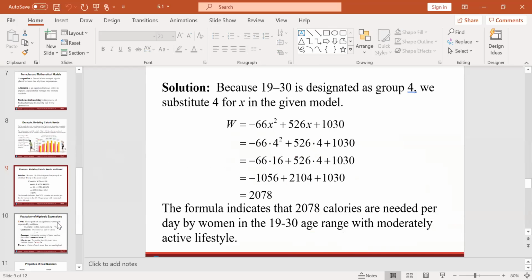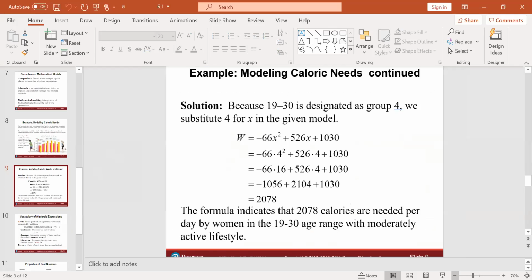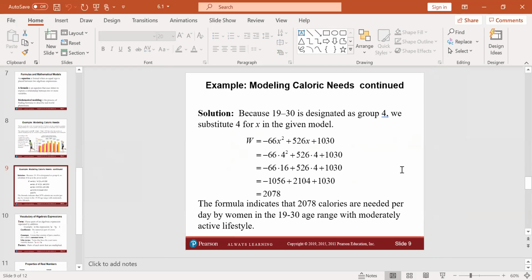But it's just interesting to know. So 19 to 30-year-olds, that's group 4 on that chart. So if you plug a 4 in for x into this formula, yada, yada, yada, the formula indicates that for women in the 19 to 30 age group, they need about 2,078 calories a day.